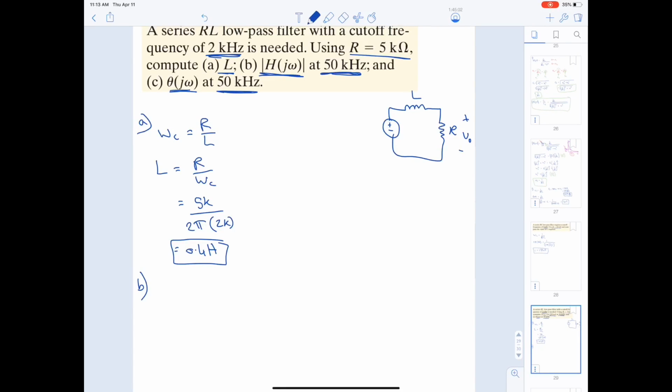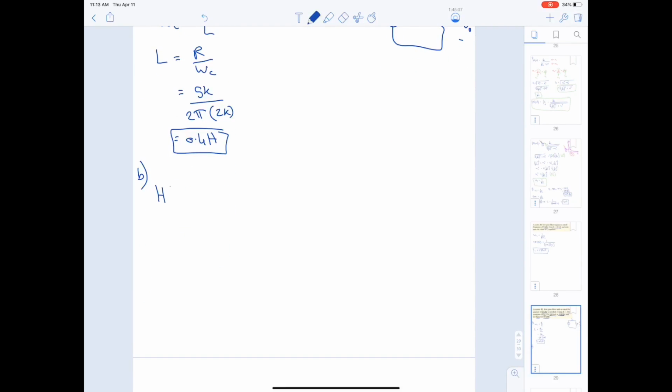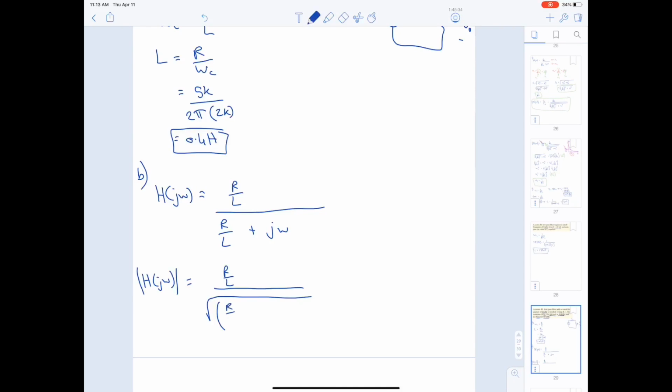Now, in order to find the magnitude, you need the transfer function. The transfer function we already computed earlier, and it was R over L divided by R over L plus jω. Now they're looking for the magnitude at 50 kilohertz. The magnitude was also computed earlier, and it was R over L divided by the square root of (R over L) squared plus omega squared.